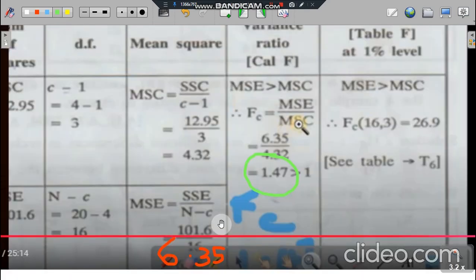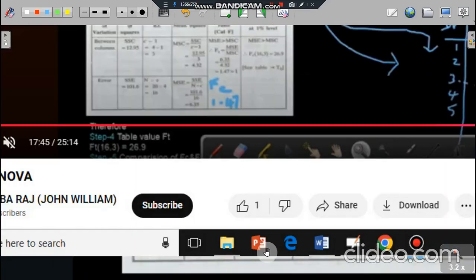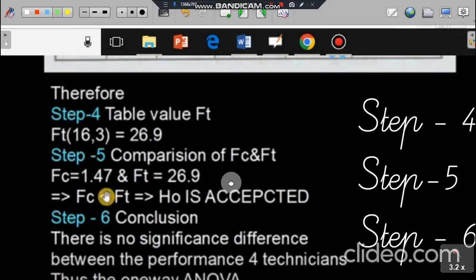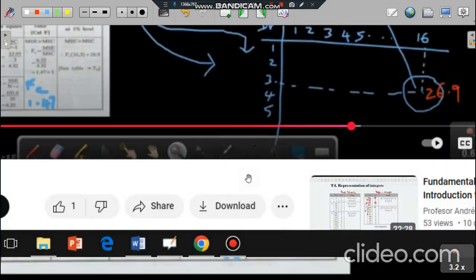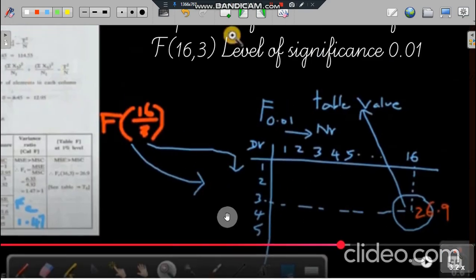We have calculated MSE by MSC, that is the calculated value 1.47, and the table value is 26.9, and we have to compare them. That is step number 5. So step number 5 is comparison of FC and FT. FC we have already calculated as 1.47, and FT equals 26.9, which we just found from the table.